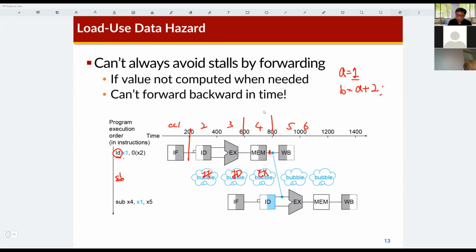But how about this case? This is the very first of CC4, right?